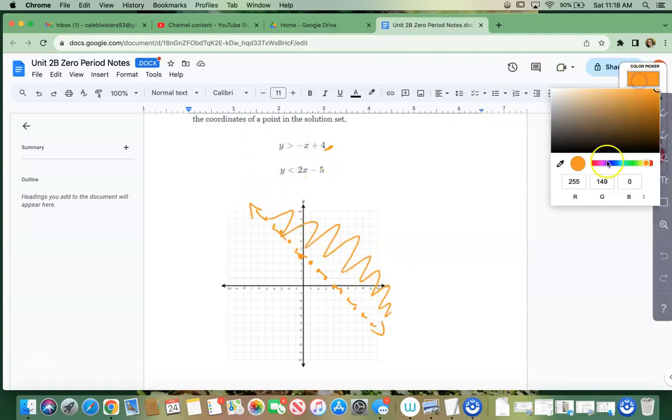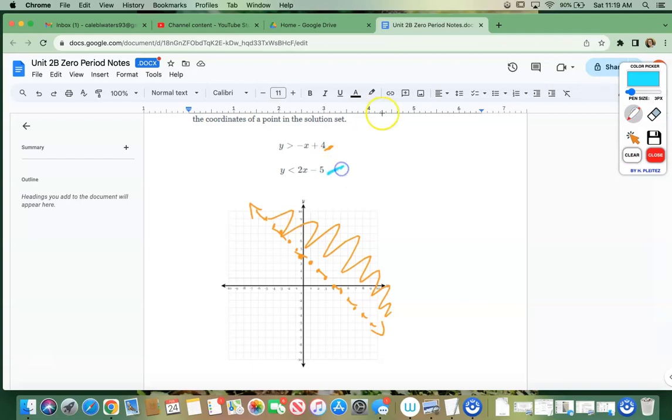And then let me switch colors and go light blue this time. Something like that. And -5. And it was going up 2 over 1, so I'd be up 2 over 1, up 2 over 1, and keep going, then we go backwards a few, and then make a dashed line.